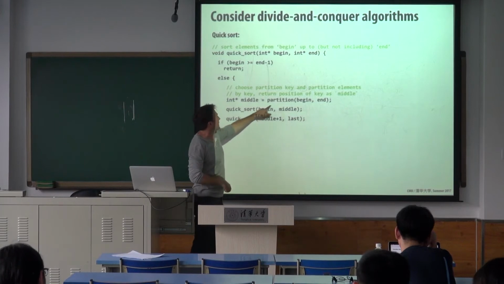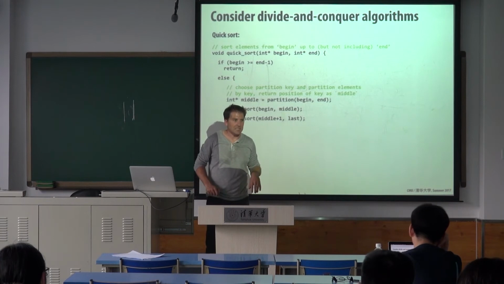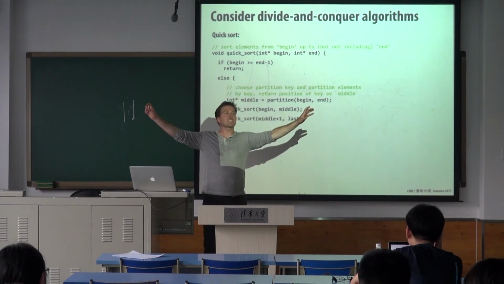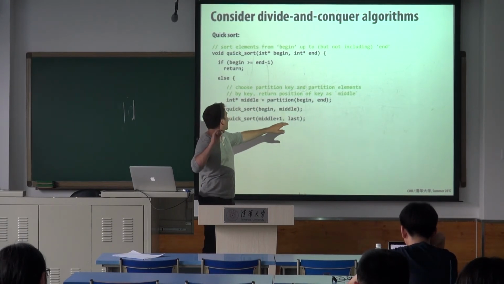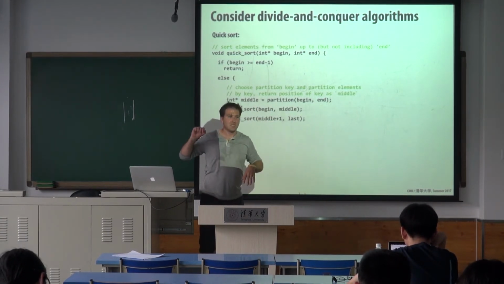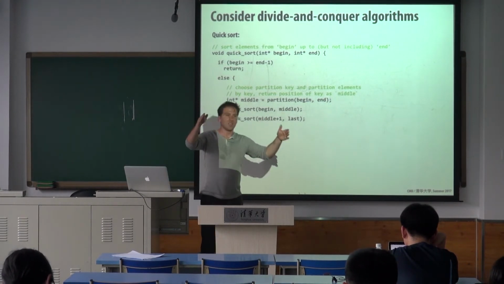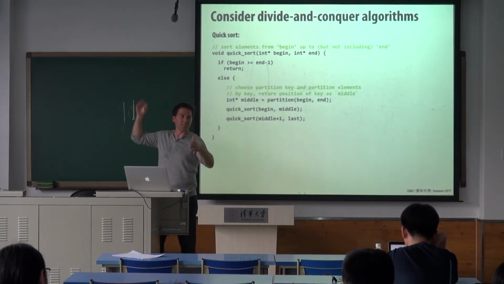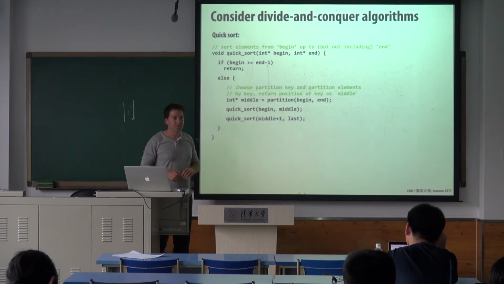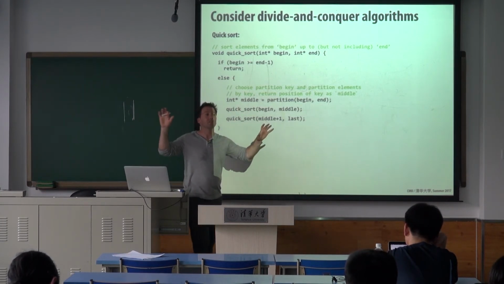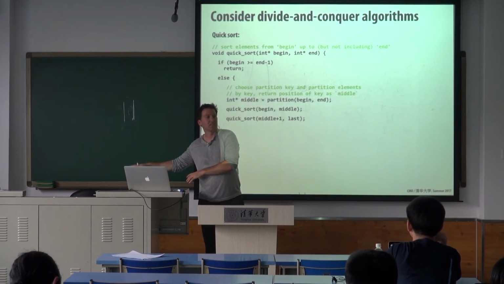Partition is just picking some element from the list and partitioning all the integers into groups. There's one group from begin to middle, and another set of numbers between middle and end that are all greater than the value at middle. Then I can use recursion: I sort the left side, and I sort the right side.